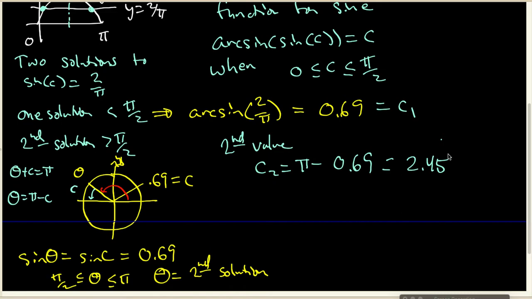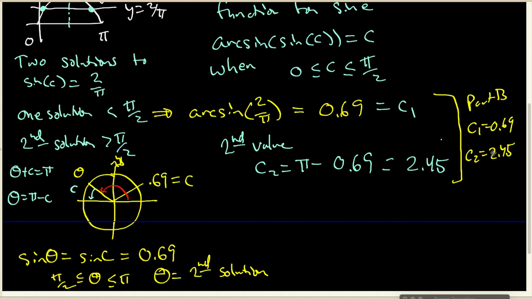Now that means we have the two values of C that the mean value theorem promises us. So these two answers here are the answer to part B. C1 is 0.69, C2 is 2.45.